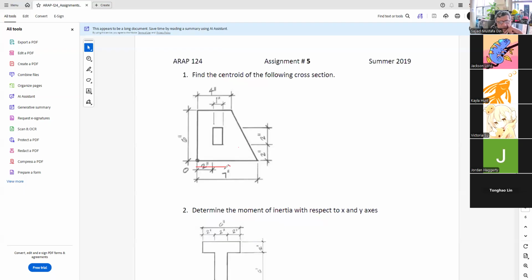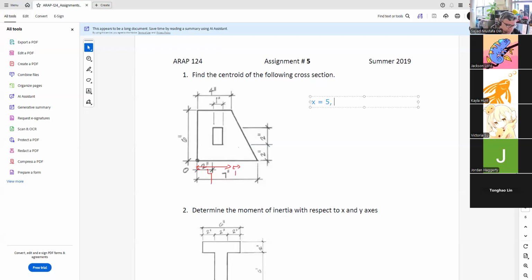We know this is 4 because of this, and we know based on the shape that it's 1/3, so that's going to be 1. So X is going to be 5 for this. And Y, again, I'm going to do 1/3. So it's going to be 2 because it's 1/3 of 6.